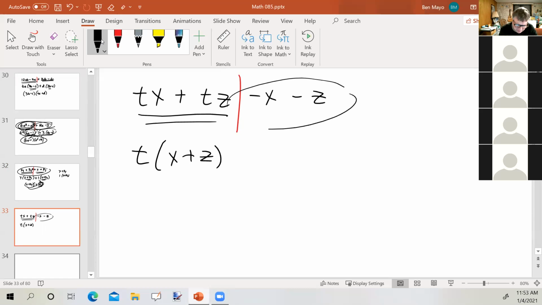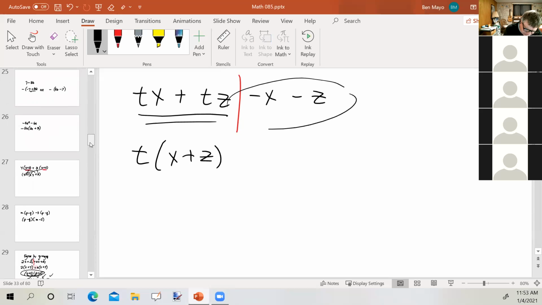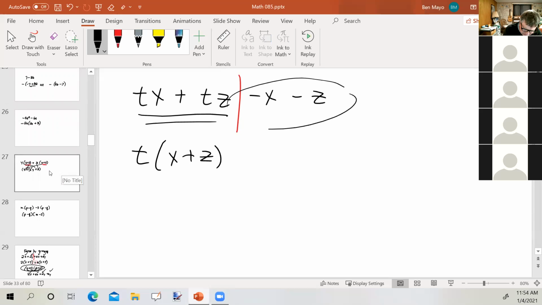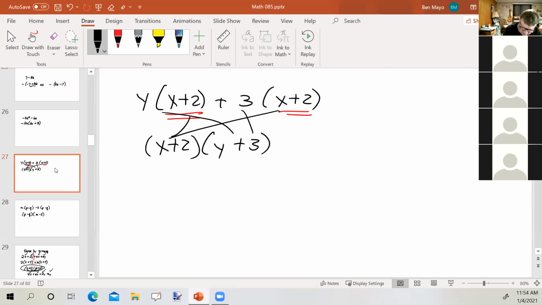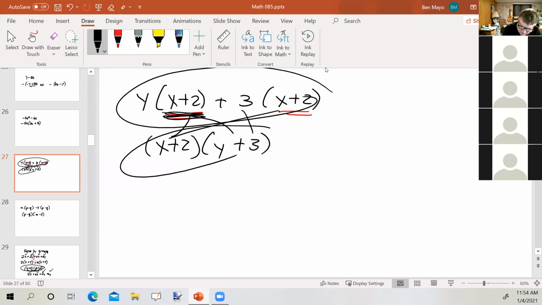Well, before we answer that question, let's go back a ways. Let's go all the way back to here. For me to be able to go from here to here, these two quantities had to match so that I could take out the greatest common factor.